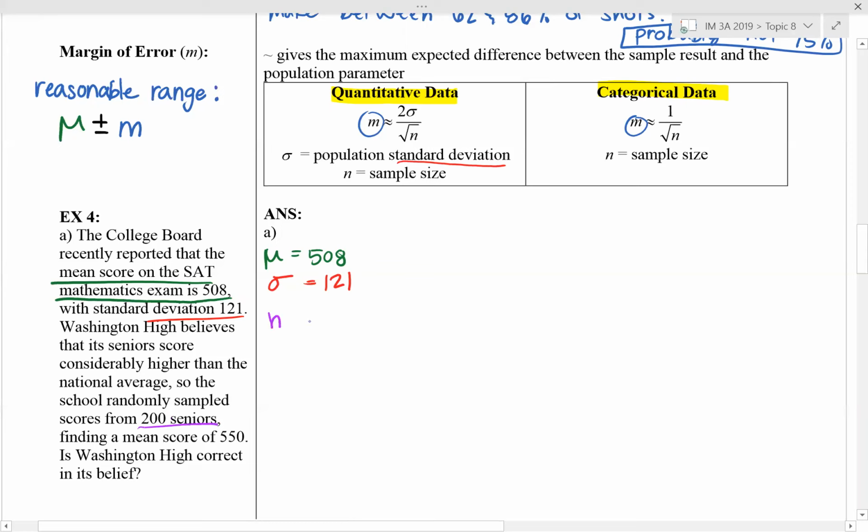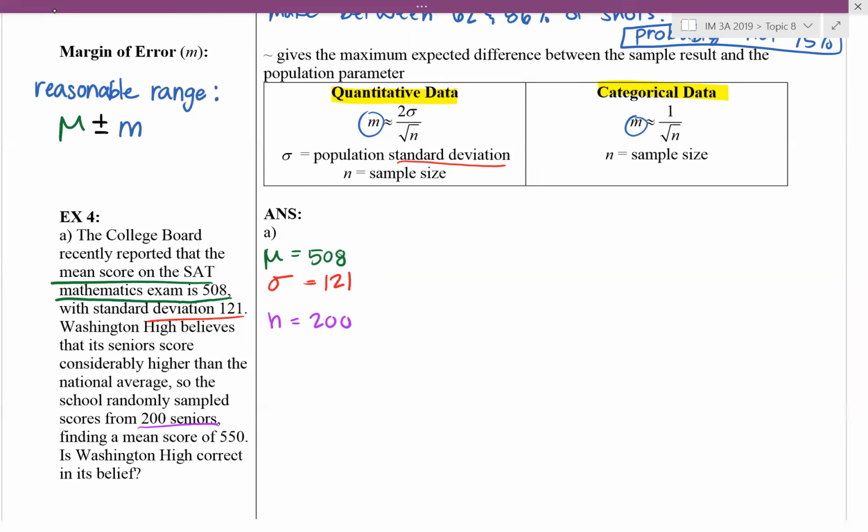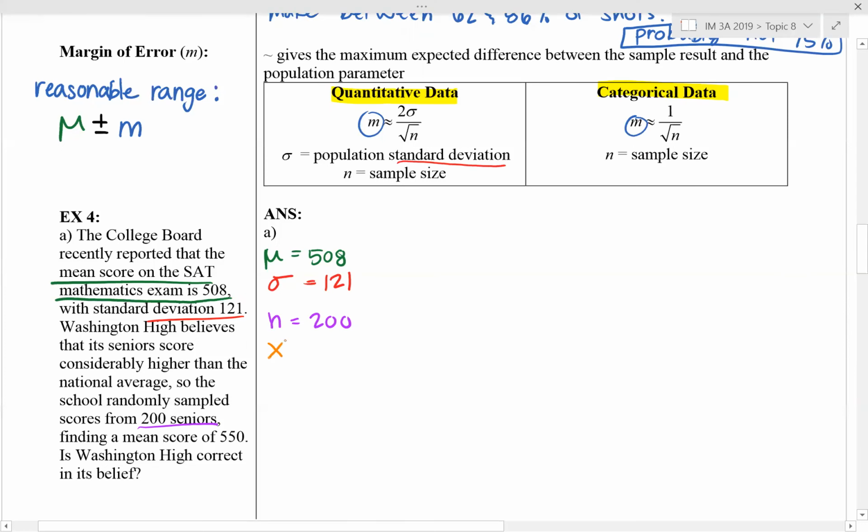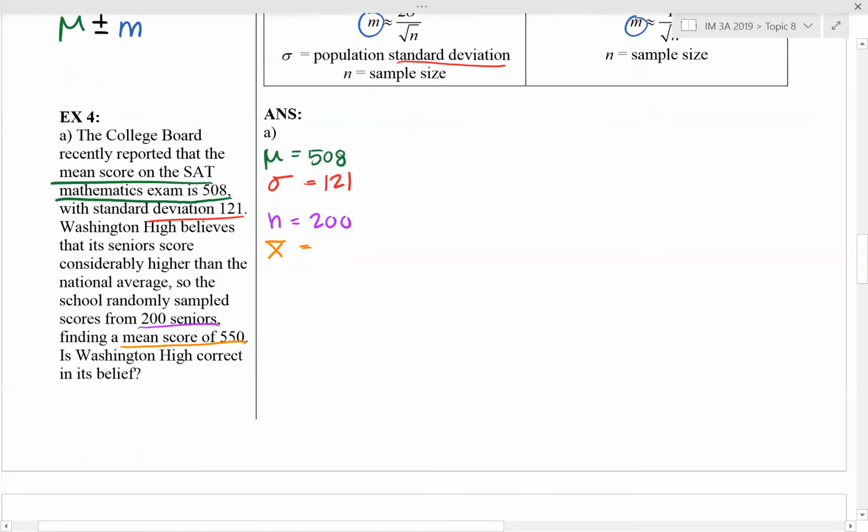The sample size, we're told, is the number n in this formula. And they found that their mean score, which we haven't used yet, is, because this is the sample, X bar. We talked about what X bar was when we introduced the notation for mean, but we were always talking about the population mean, so we used mu. So X bar is 550.